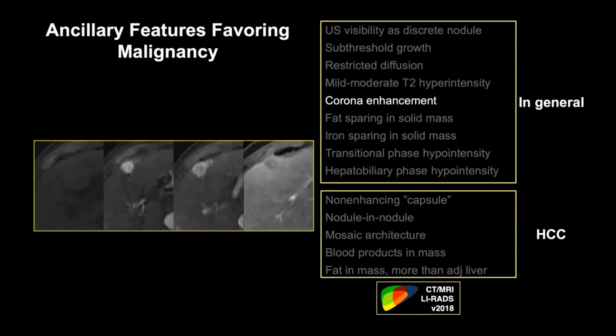Now, corona enhancement is a feature that favors malignancy and refers to this peri-observational enhancement that you see in the late arterial phase or the early portal venous phase. It's attributable to venous drainage from the tumor. Hepatocellular carcinomas do not drain into the normal hepatic veins.